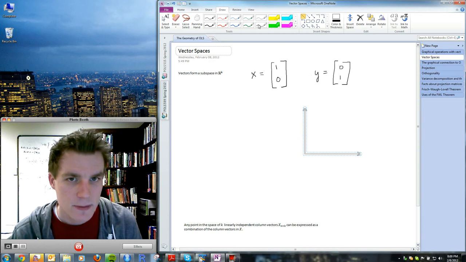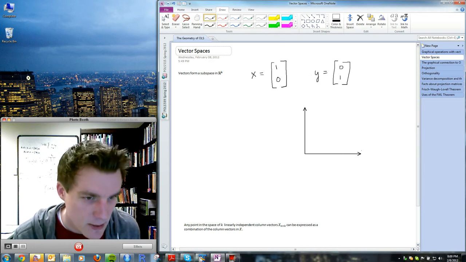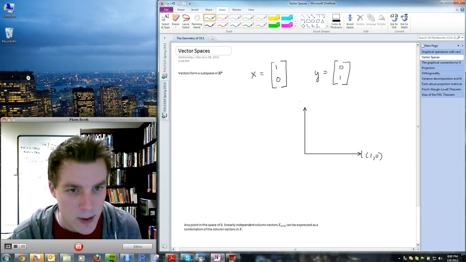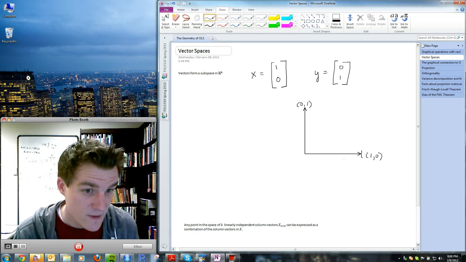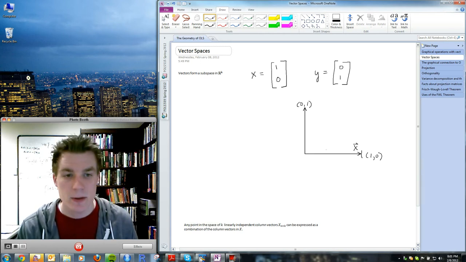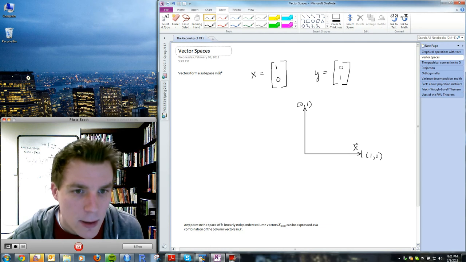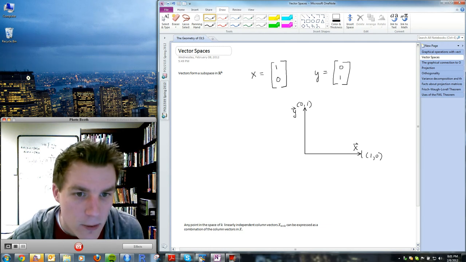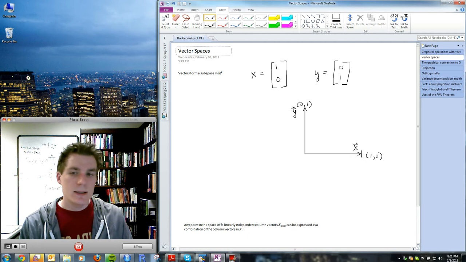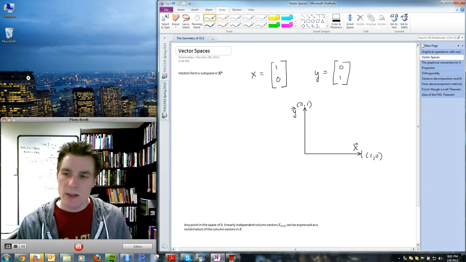Let's say this is the point 1, 0, and this is the point 0, 1. That would make this vector here x. Sometimes we notate the vector with a little hat there, and here's vector y. This is a vector space, or a subspace of R2. It only goes out to 1, 0 and 0, 1, and that's it.